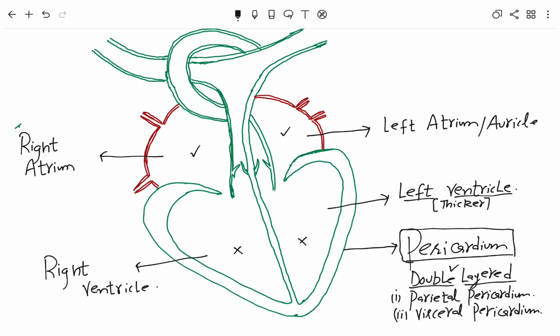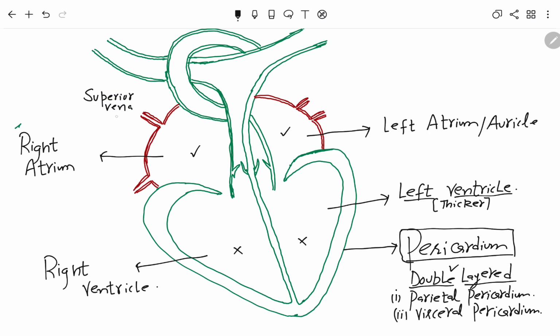When in the blood carbon dioxide concentration will become higher, that blood is called as deoxygenated blood. So that deoxygenated blood will be brought to the heart through these 2 veins, largest veins of our body.